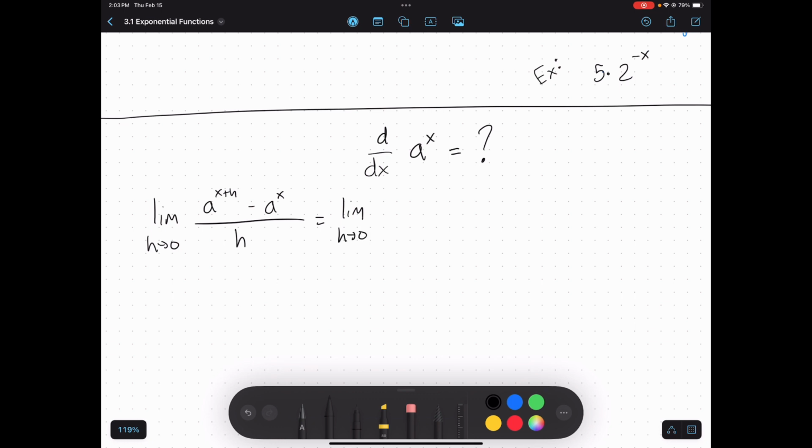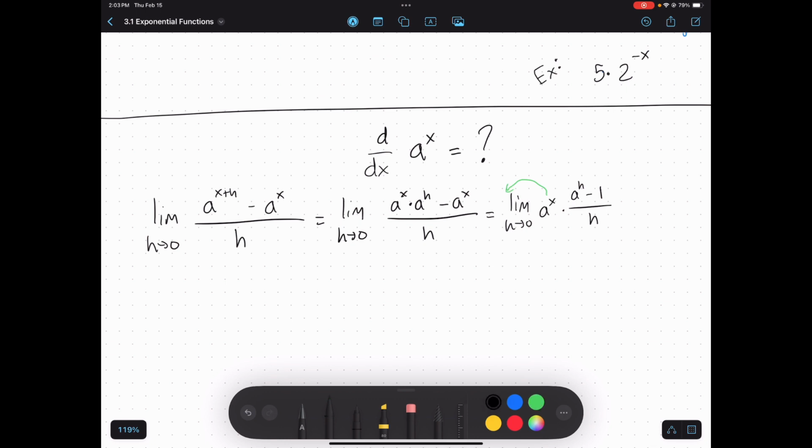Using some exponential properties, I can see that this is a to the x times a to the h minus a to the x. And now both of my terms in my numerator have an a to the x in them, so I can pull that out. And I get a to the x times a to the h minus 1 over h. Since a to the x doesn't depend on h at all, I can actually pull that out.